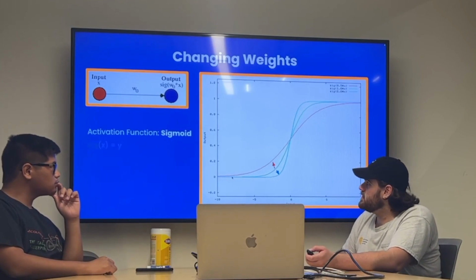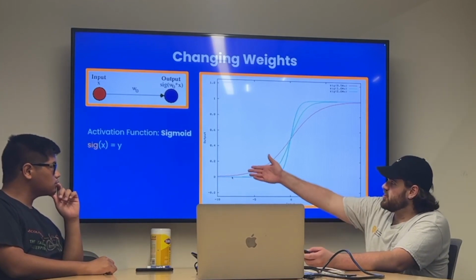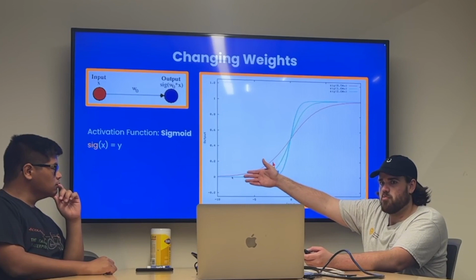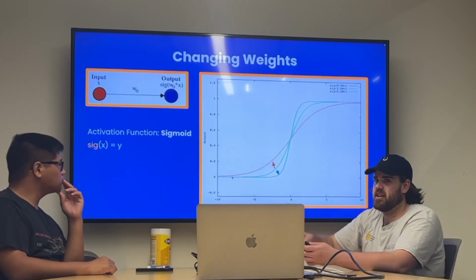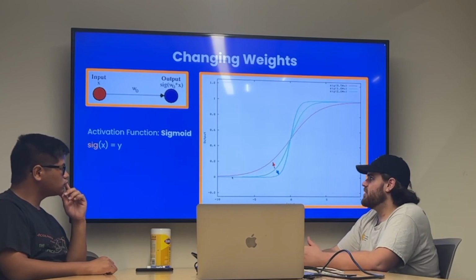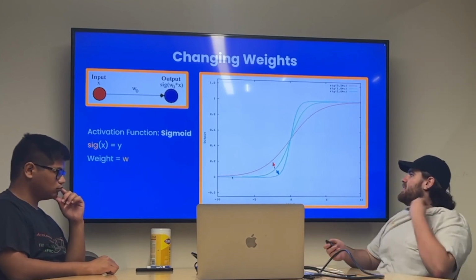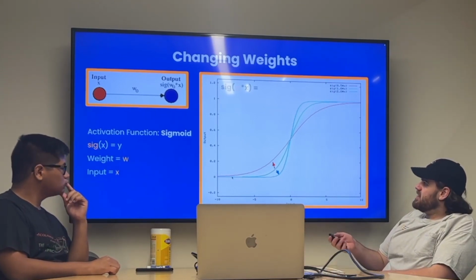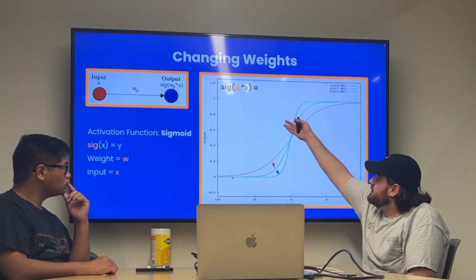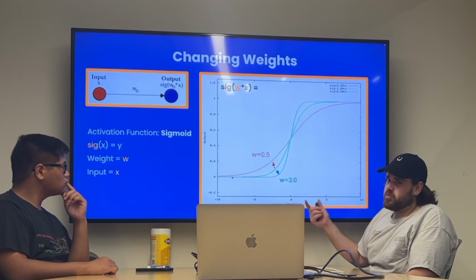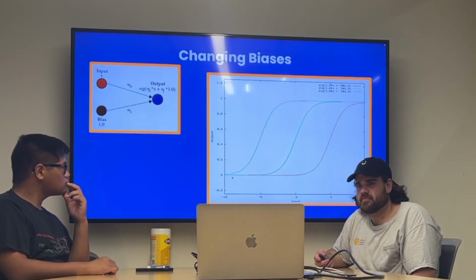In this actual thing, we change f from our last mathematical representation to this sigmoid because it helps map what the function actually looks like. So this weight w and the input x, the math representation would be sig(wx), and when you change these weights, this is what it looks like.